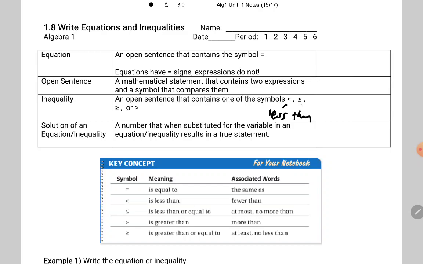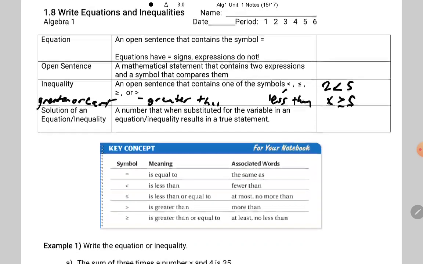Then greater than, and greater than or equal to. So for example, 2 is less than 5. X could be greater than or equal to 5, because we don't know what X is, that sort of thing.